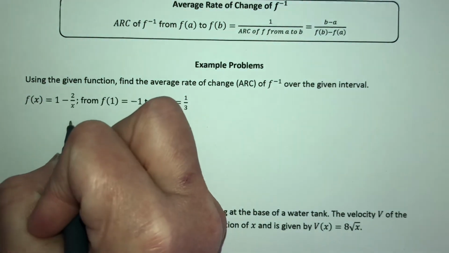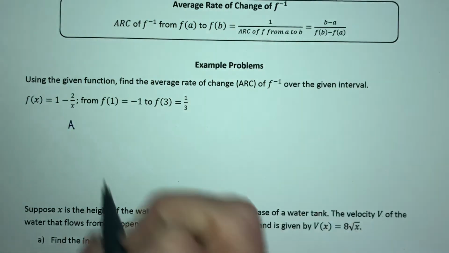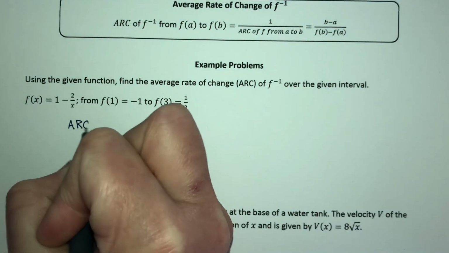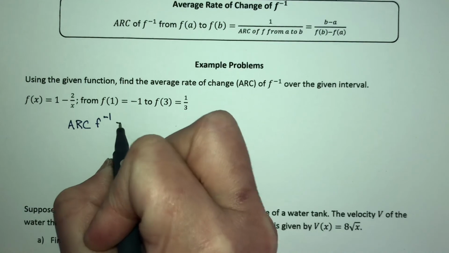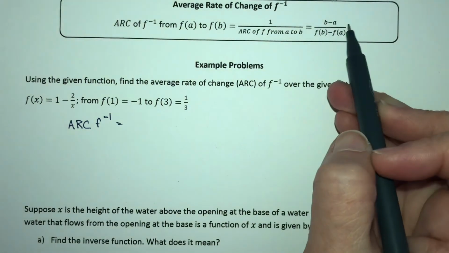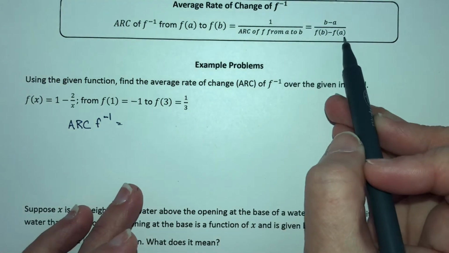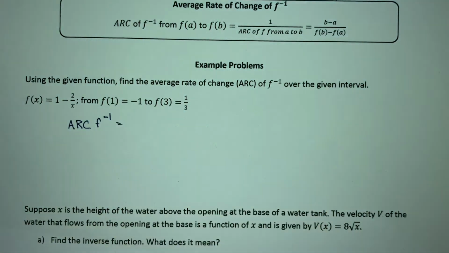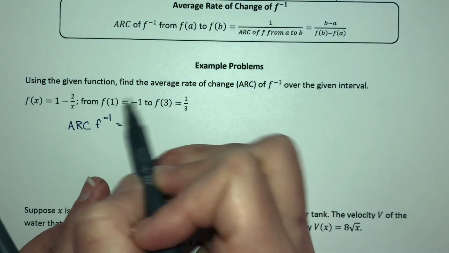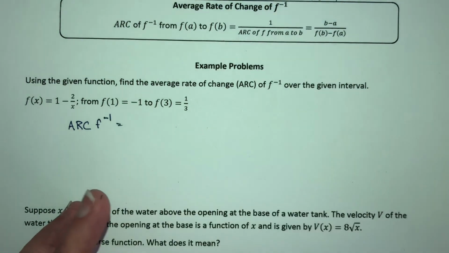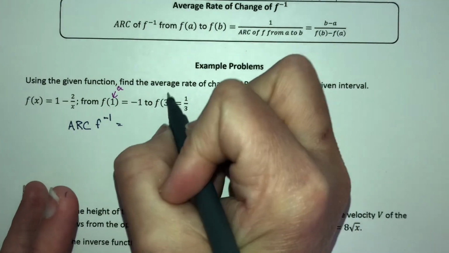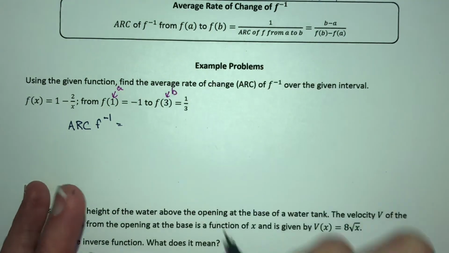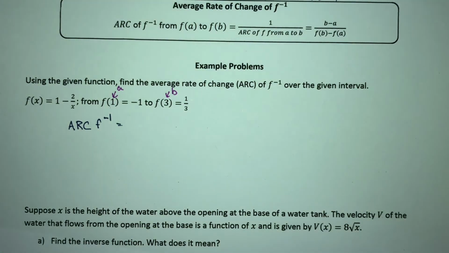So the average rate of change of the inverse. So the average rate of change of f inverse will be b minus a over f of b minus f of a. Well, let's just say, because it doesn't matter which of these two values we call a and b, just so long as we're consistent, if I call 1 a and 3 b, okay?